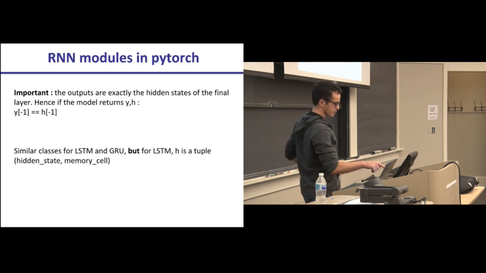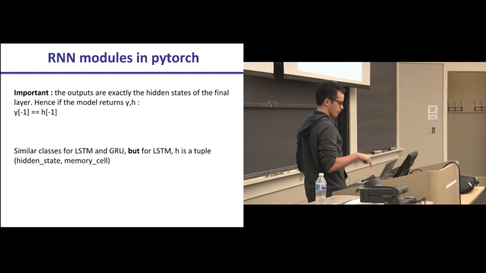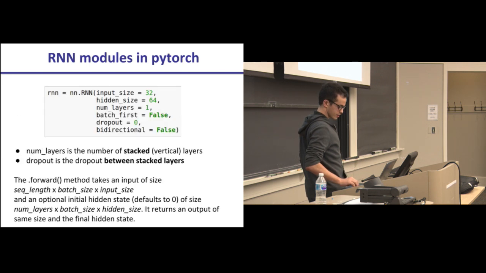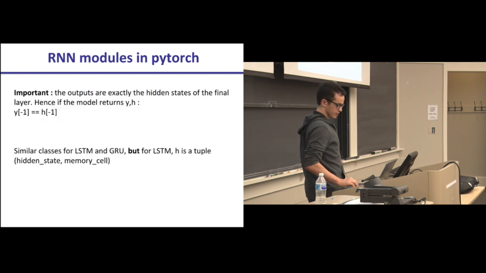So in terms of this RNN module, if it returns the outputs y and the hidden state h, actually y at the last index, so at the last time step, is equal to h at the last layer. The -1 is because the hidden state has as many entries as you have layers in your network, so it's h[-1] too. Is that clear for everyone?